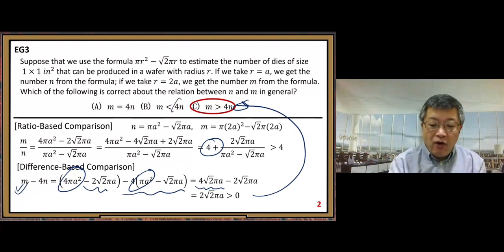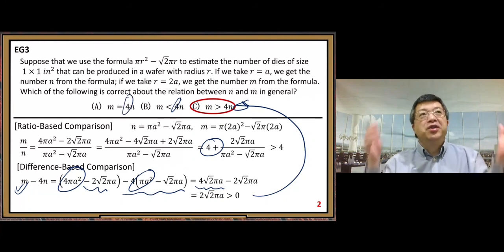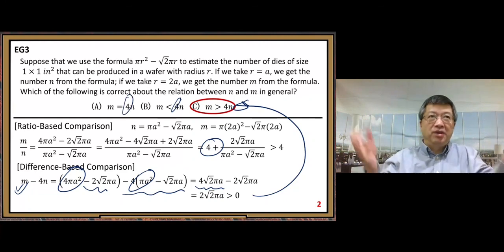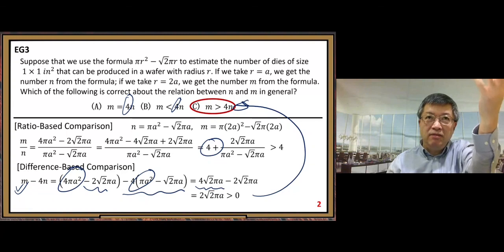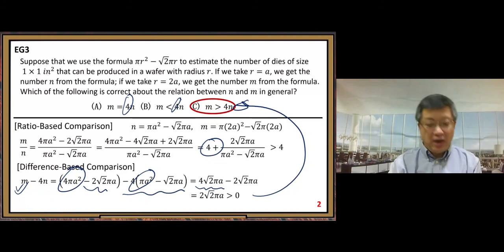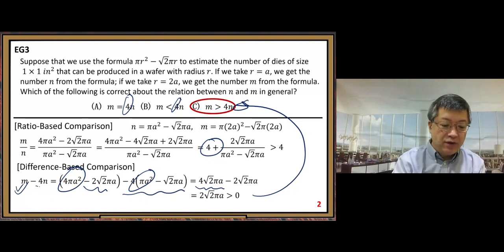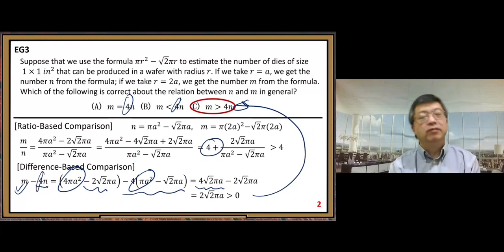If you do not know that multiple 4, you can still use the ratio-based method to calculate that multiple. But for the difference-based method, you have to know that multiple 4. Then you can do the calculation.